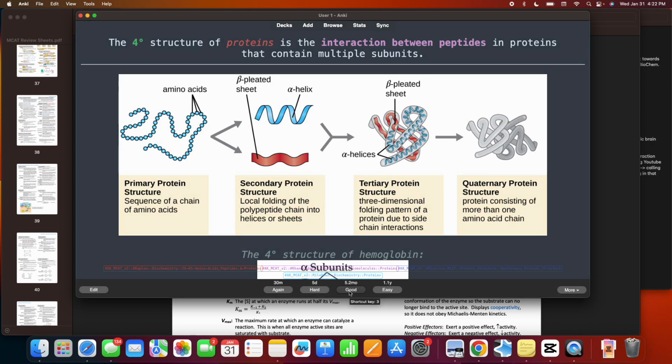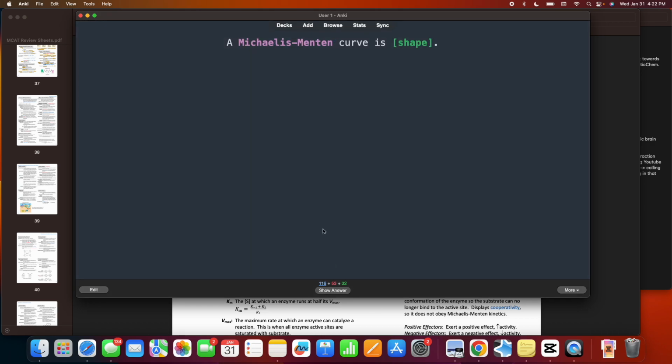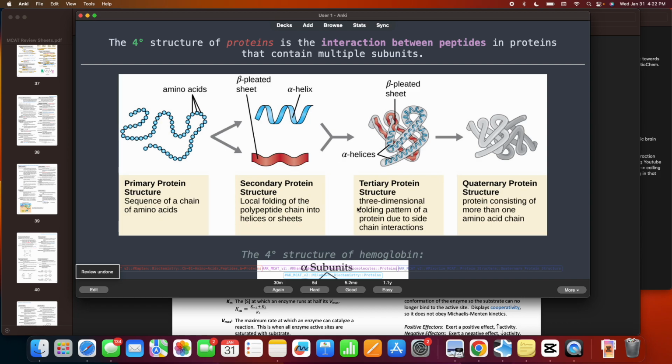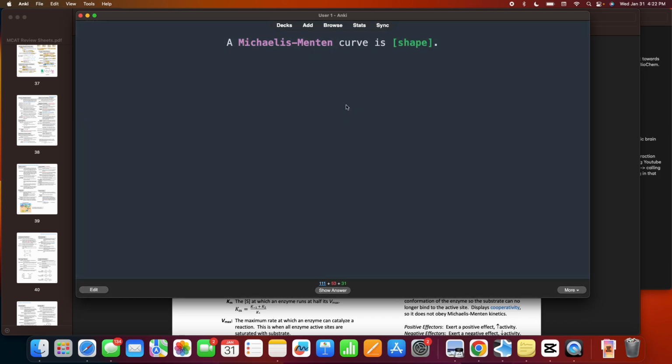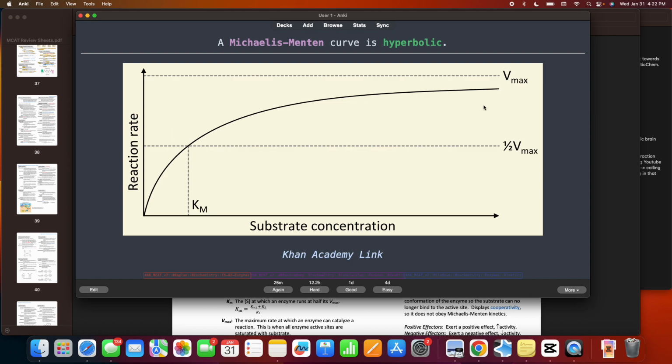The Michaelis-Menten curve is hyperbolic. Yes. It reminds you of myoglobin too.